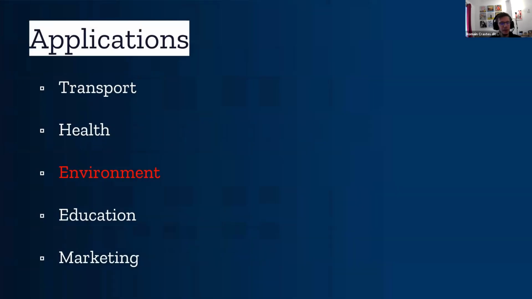So it has applications in a wide range of disciplines, such as transport, health choices, which treatments do patients prefer, for example, environment, so non-market valuation, for example, how much do people want to pay for conserving some environmental assets, education and marketing, which products do people prefer and which features do they prefer.